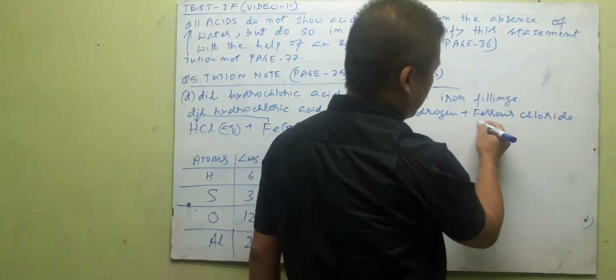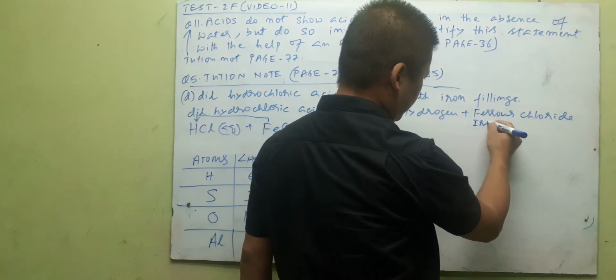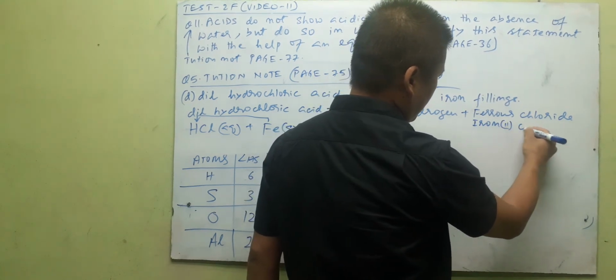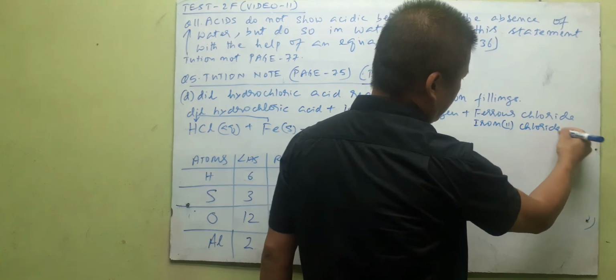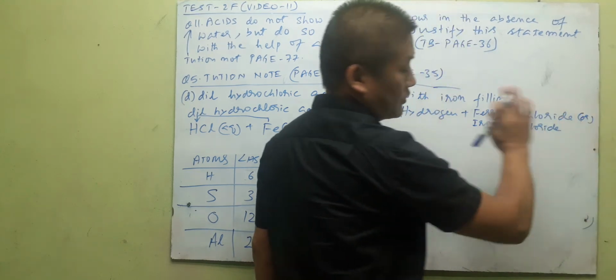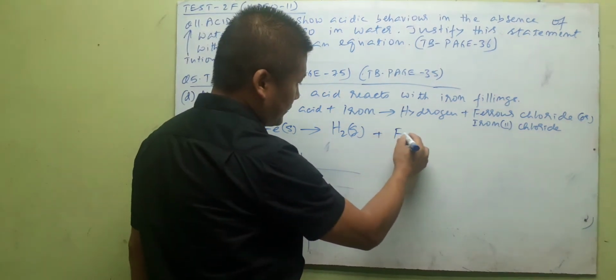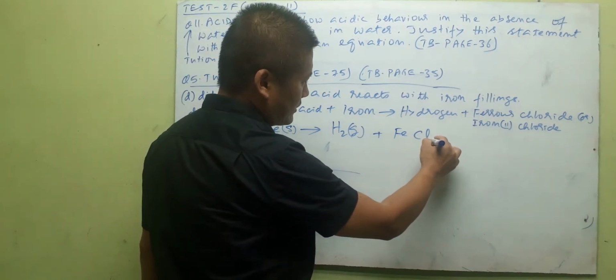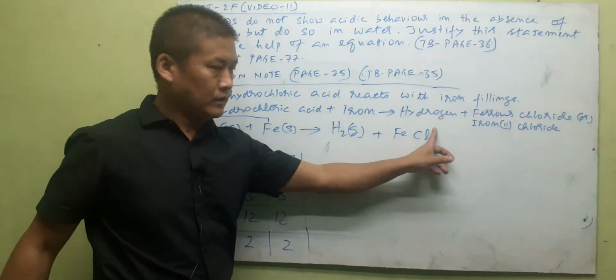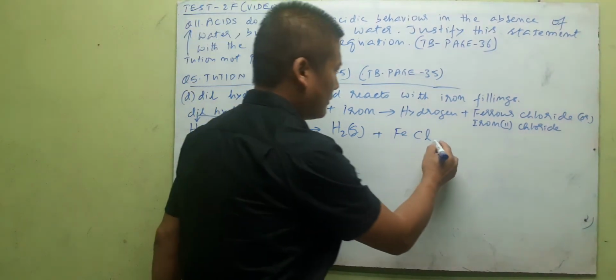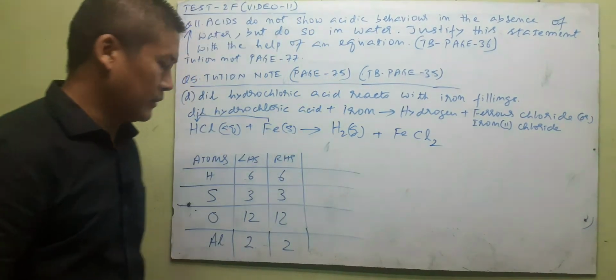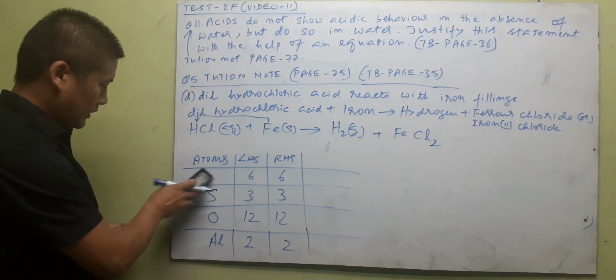Or you can also use, as you remember in starter, iron two chloride. It's the same substance. Any of these two, you need not write both. Now ferrous is Fe2+, chloride is Cl1-. So the valency here is 1 and here 2, so 2 will go to the lower backside of Cl. So that is the formula. Our next job is to balance.